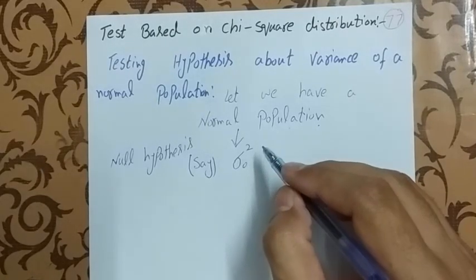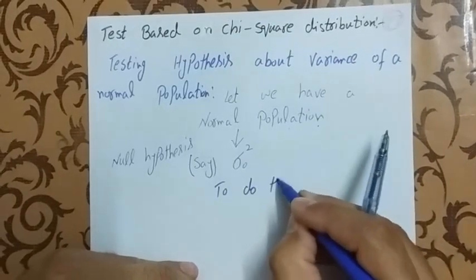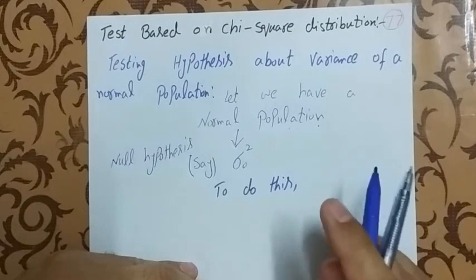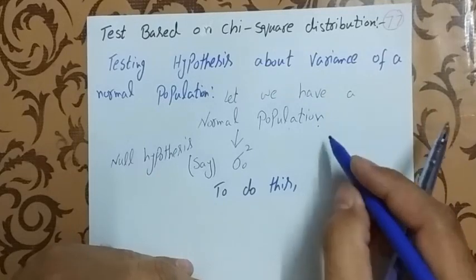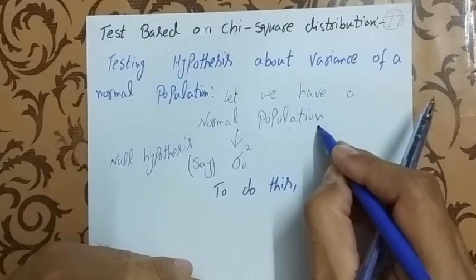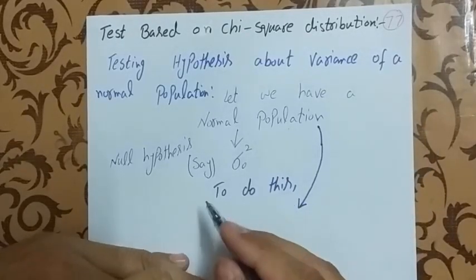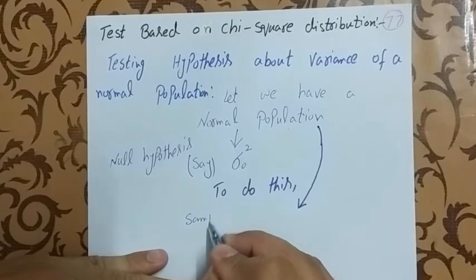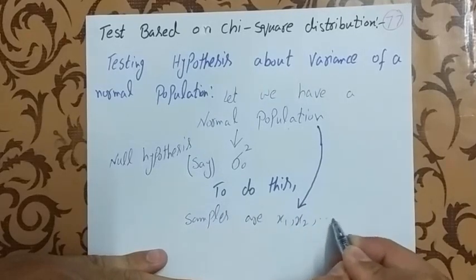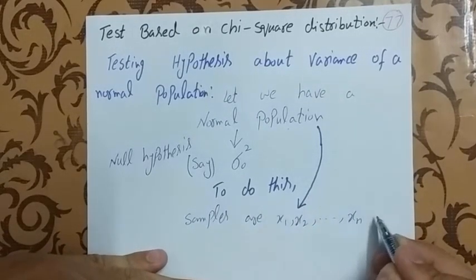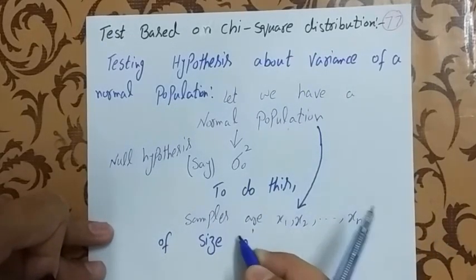Now, to do this, we need to draw a random sample. Class, we take a random sample from this population, say the samples are x1, x2, and so on up to xn, of size small n.